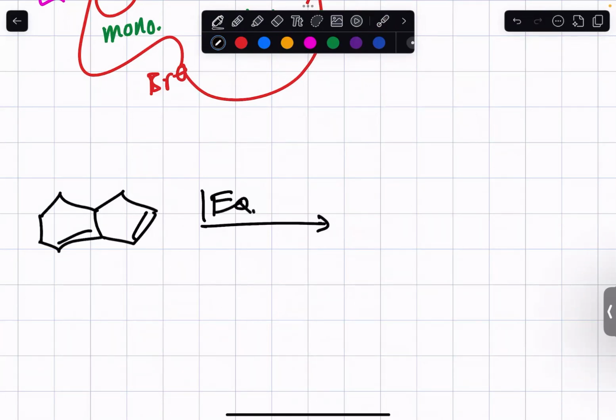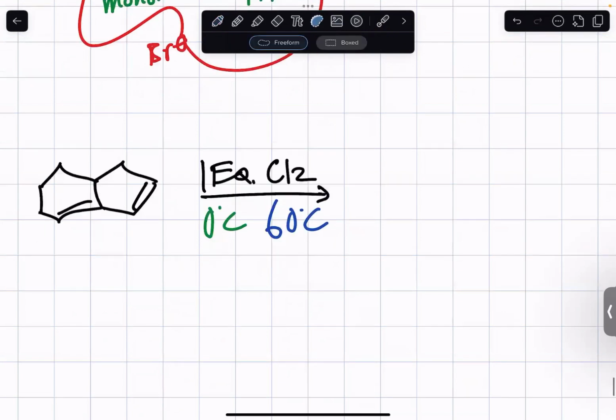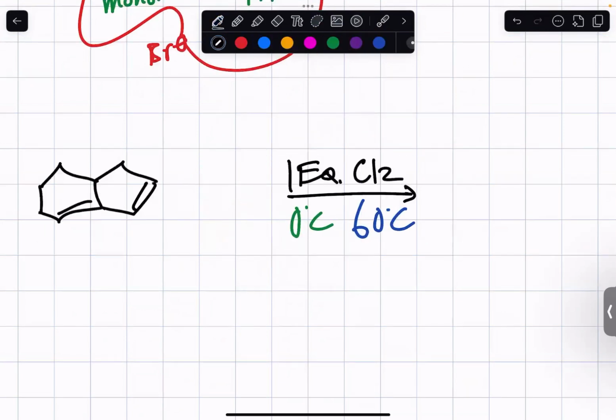Okay. Let's make this a little bit harder. And this time let's do X2. Both in kinetic and thermodynamic. Okay, so for this one here, now what's the intermediate here? Let's work with this alkene here. What is that special intermediate when we react this alkene with Cl2?